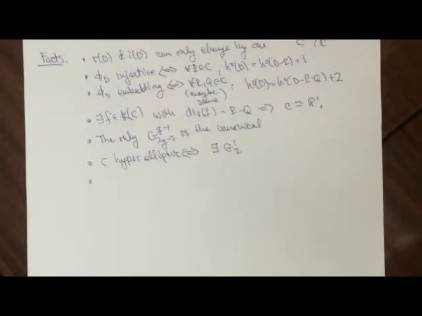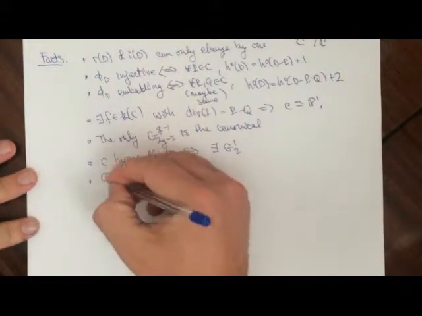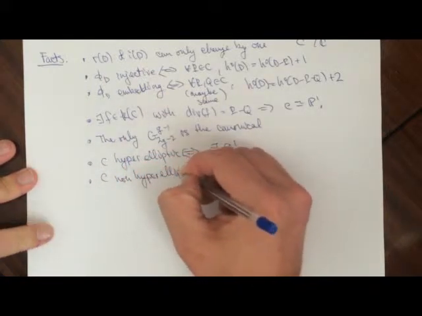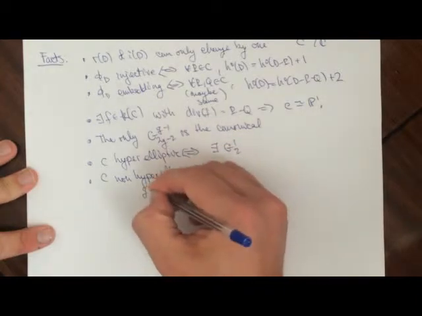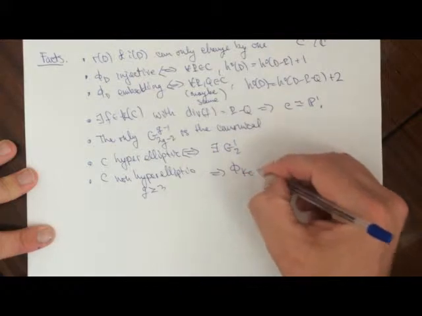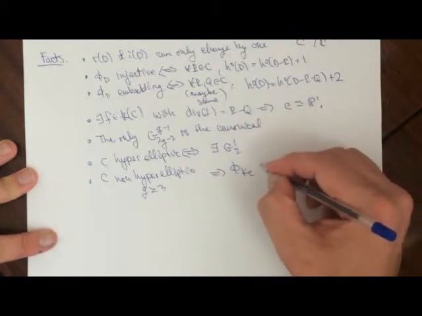Okay, and then if C is non-hyperelliptic, g is bigger than or equal to 3, and this implies that the canonical map is an embedding.